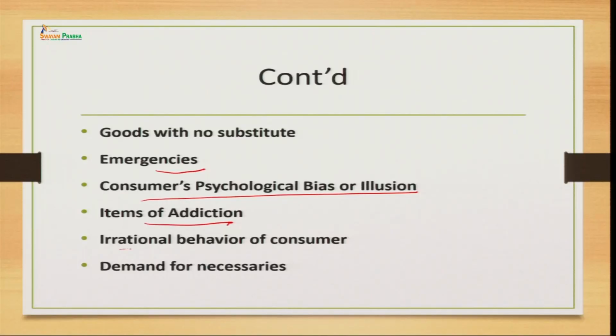Then we have irrational behavior of the consumer. Sometimes consumers behave irrationally. They go to the market and they buy things and do impulse shopping, without considering the price and the utility, they just buy it.